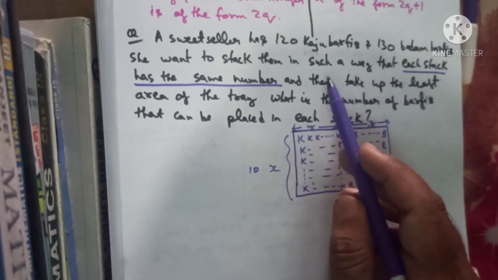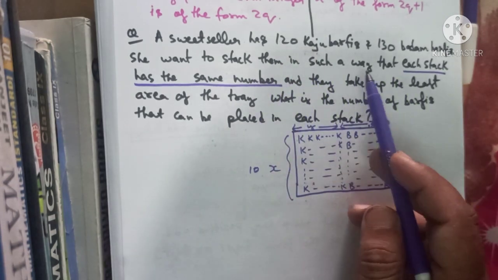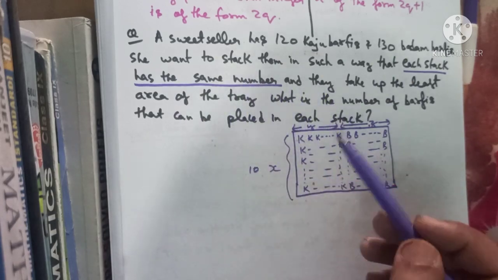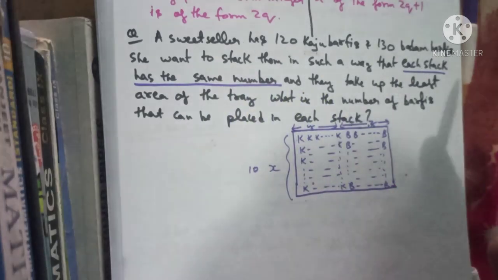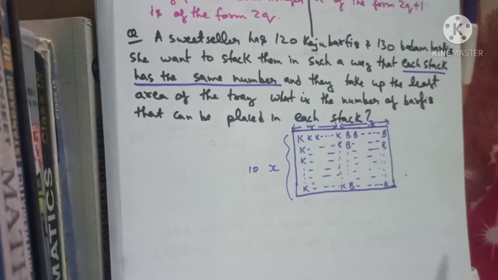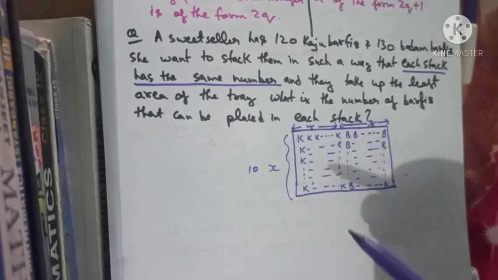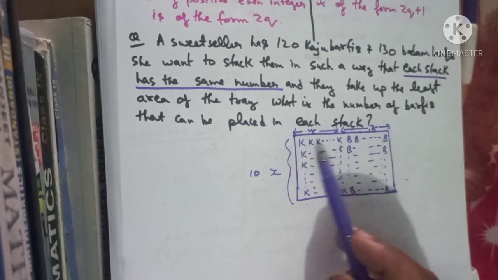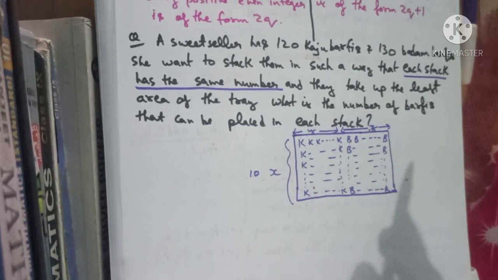That is what it is saying, that the sweet seller wants to stack in such a way that each stack has the same number, which means the number of columns should be the same.